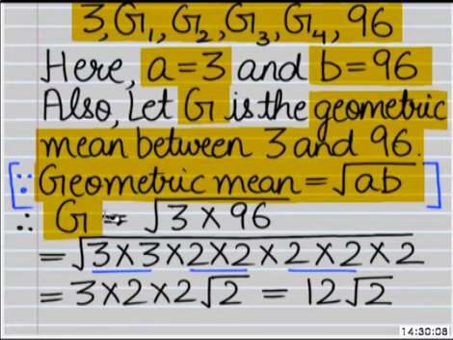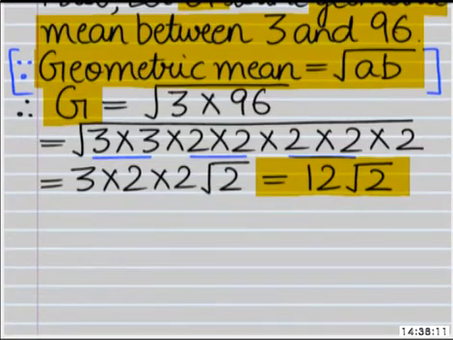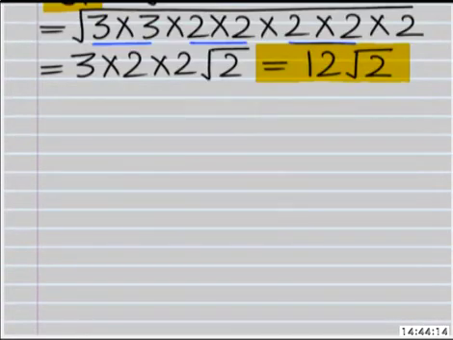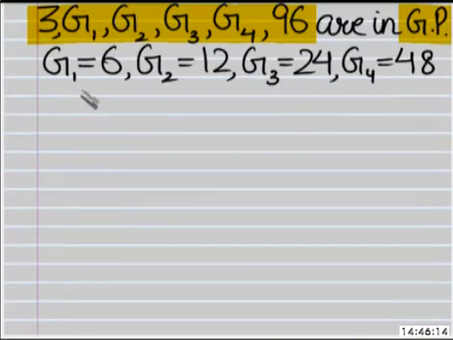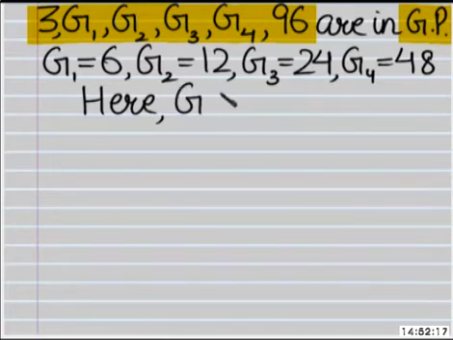So here G is equal to 12 into square root of 2. So here geometric mean, that is G, between 3 and 96 is equal to 12 into square root of 2.